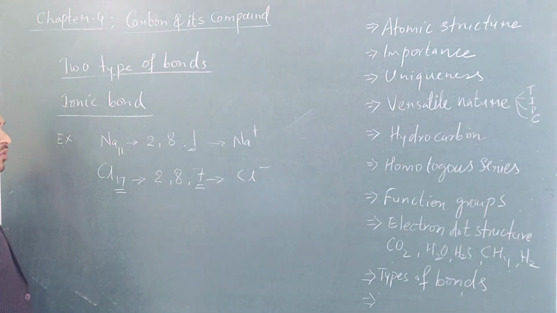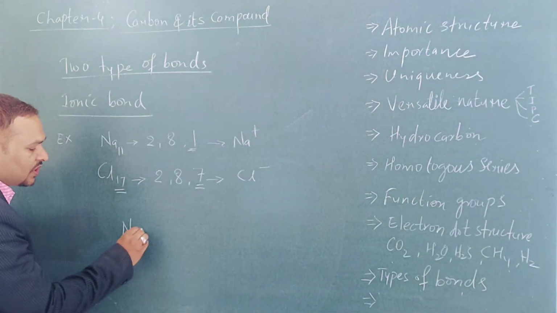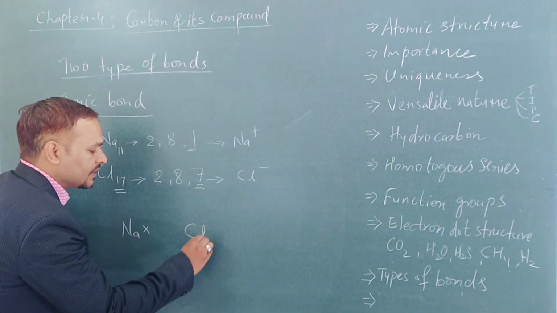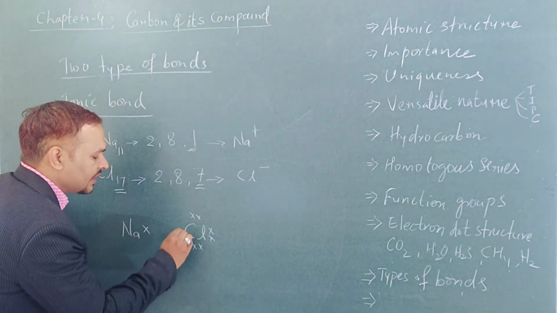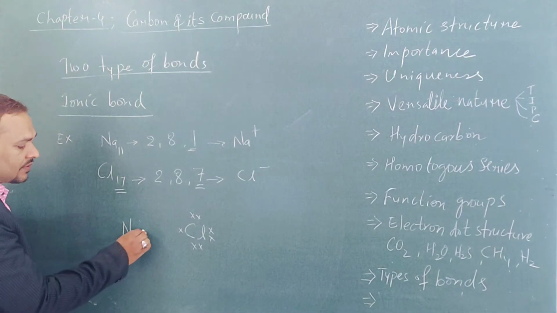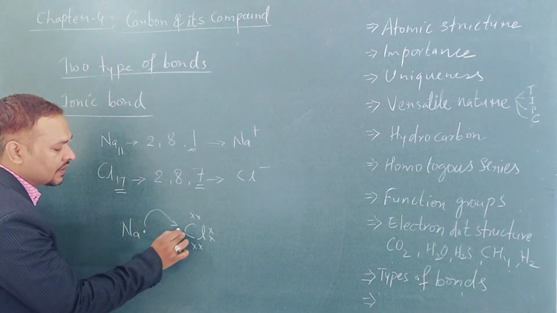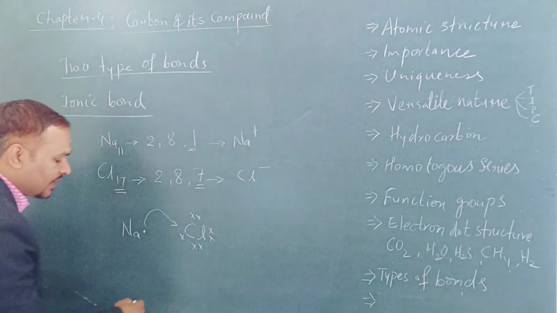If suppose sodium chloride has to be formed, then what will happen? In case of sodium, 1 electron is present in the outermost shell. In case of chlorine, there are 7 electrons present in the outermost shell. So this 1 electron can be given to chlorine, right? So afterward what will happen?